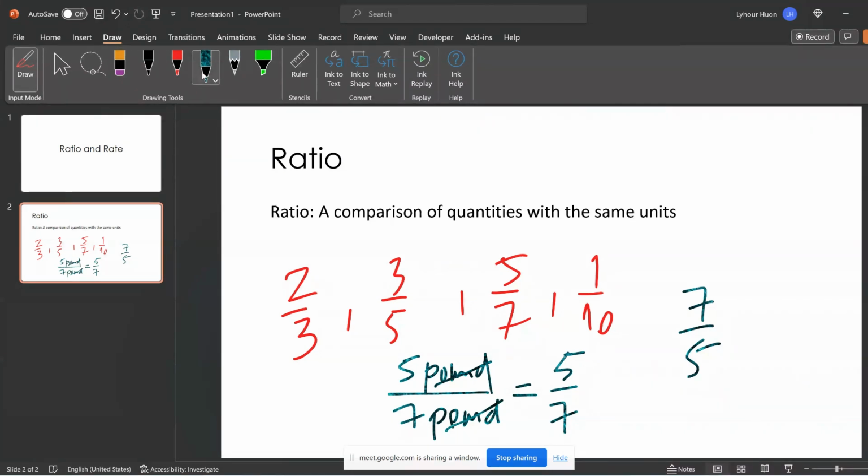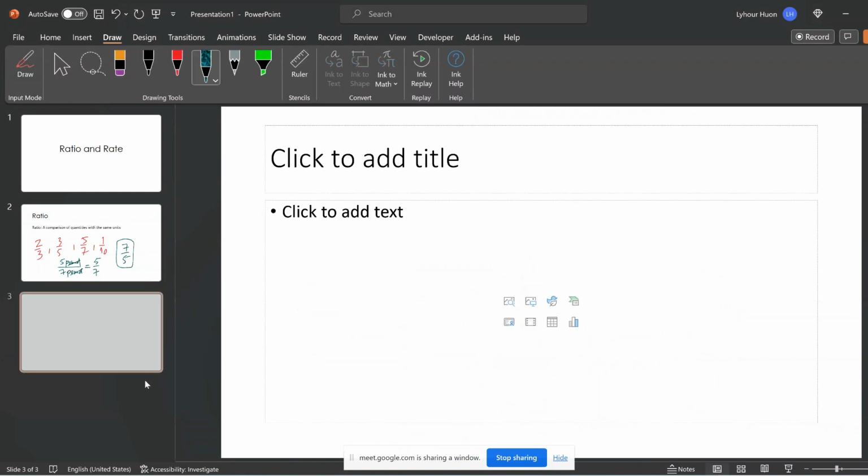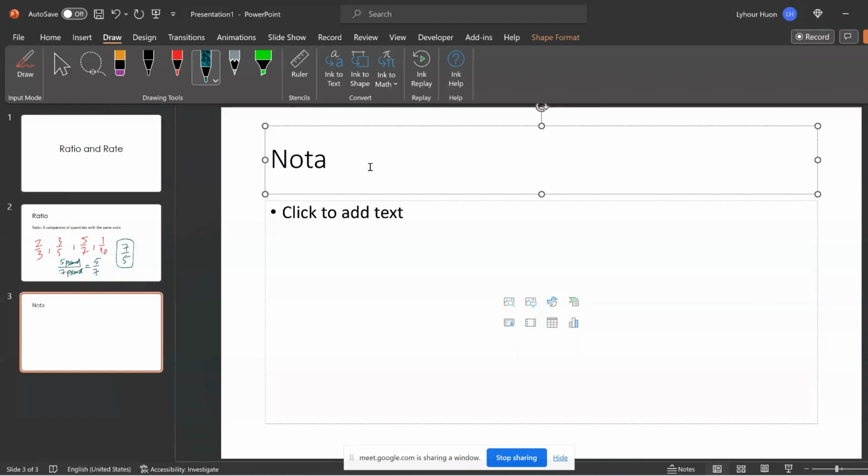Ratio is numerator over denominator, but numerator over denominator is a fraction. So, okay, let's give the notation. Now, notation of the ratio. How can we note the ratio?